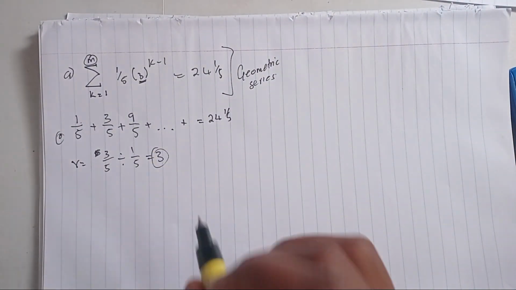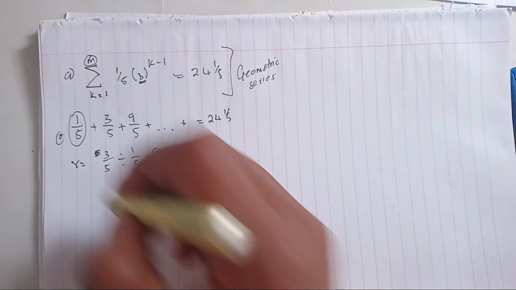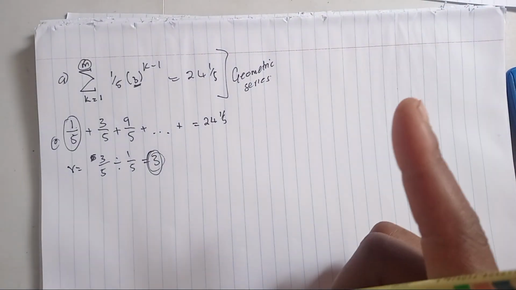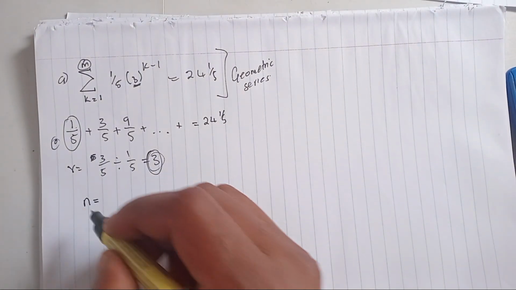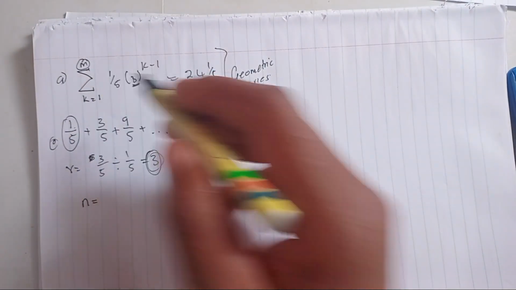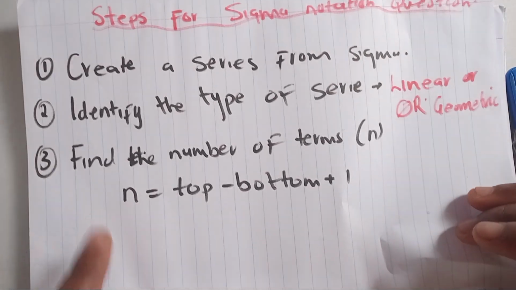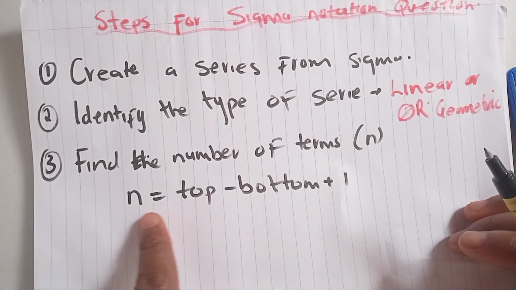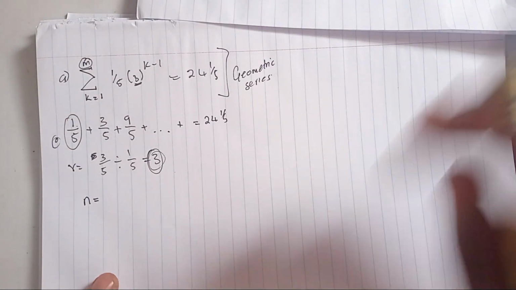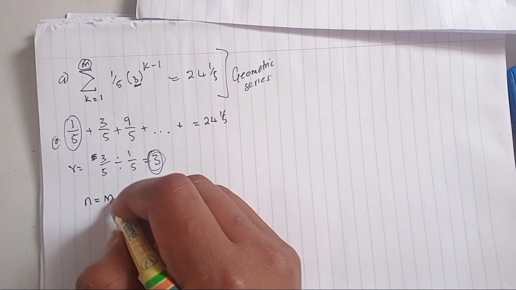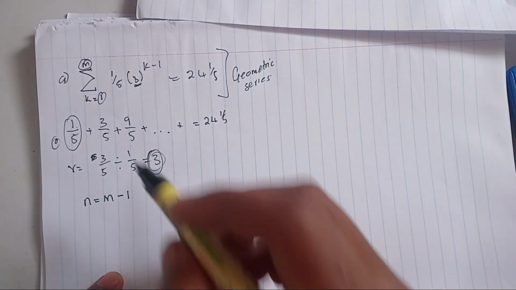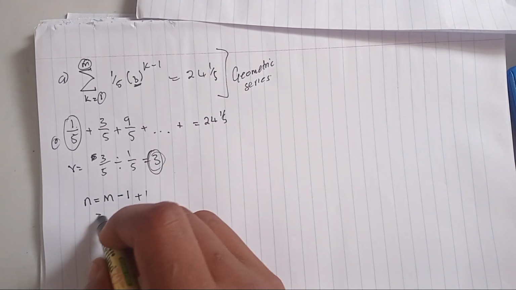So now we have the first term, we have the common ratio, and then we are going to look for n. What will n be? n is always equivalent to the top minus bottom plus 1. The next step says you must find the number of terms. In this case, the number of terms is top minus bottom plus 1. The top is m, minus the bottom, which is 1, and then plus 1, which results in m.